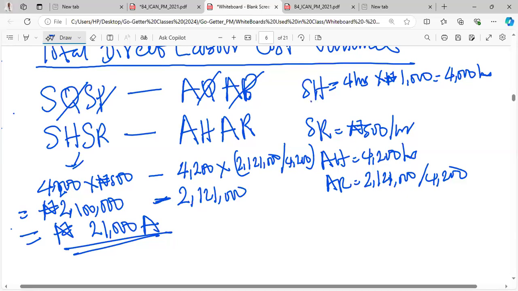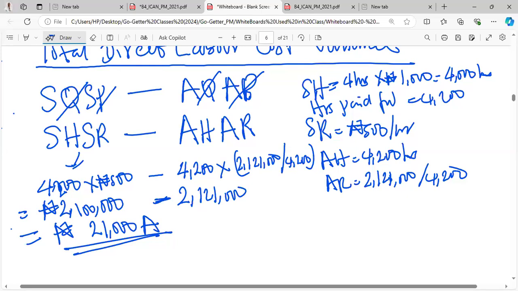But now, hours paid for is 4,200. Of course, 200 is idle time. They are supposed to use 4,000 hours to do this work, but they paid them for 4,200. So it means they have looked at wastage.